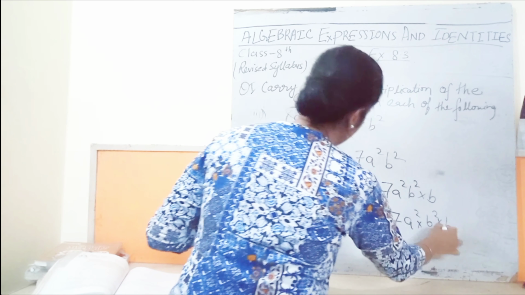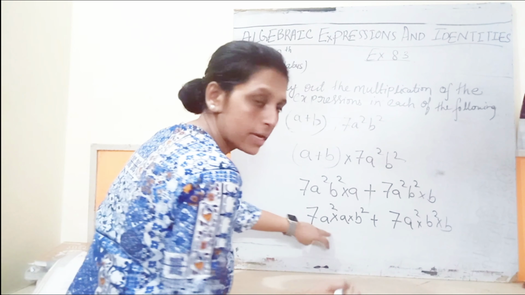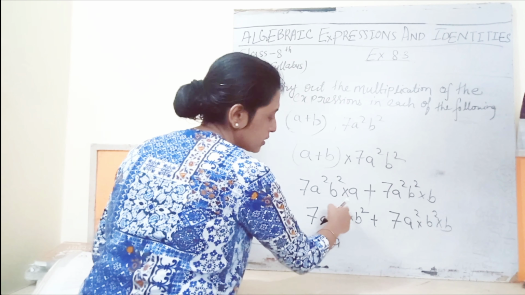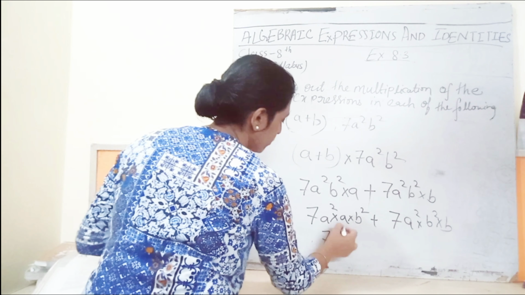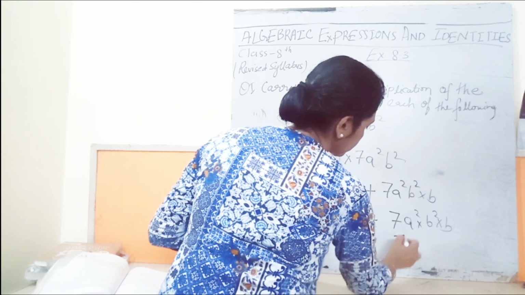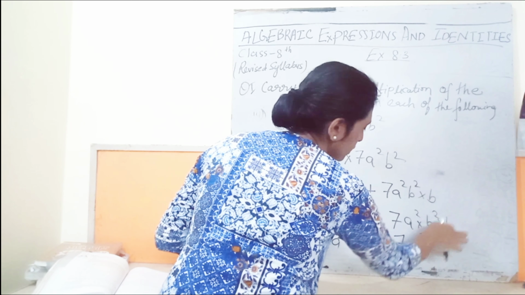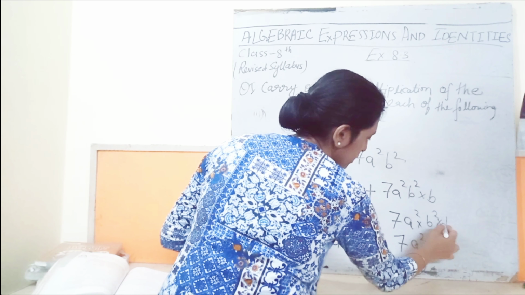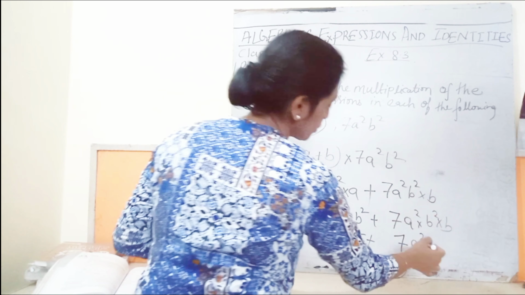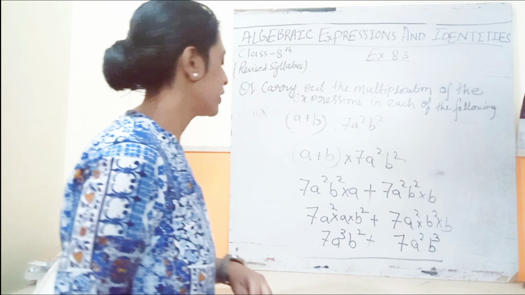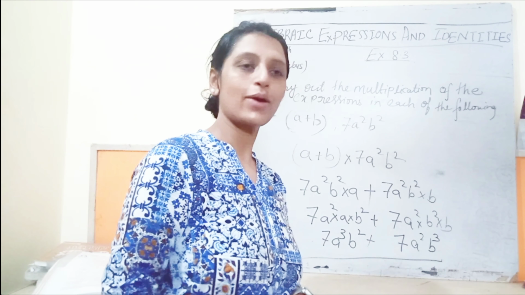Now they have the same base, so the powers will get added. Here nothing is mentioned, it means it is 1, so it will be 7a cube b square plus 7a square into b square into b. The bases are the same, the powers will again get added because multiplication is applied here. So the answer is 7a cube b square plus 7a square b cube.